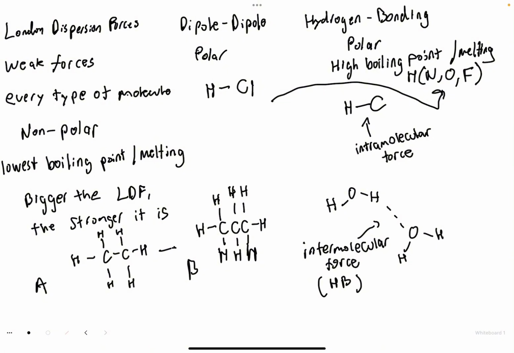So that's a good example of London dispersion forces in the case of more polarizable. So it just has more electrons.